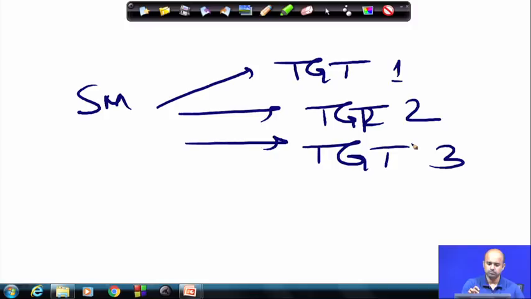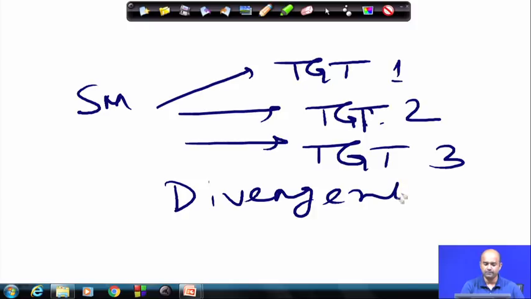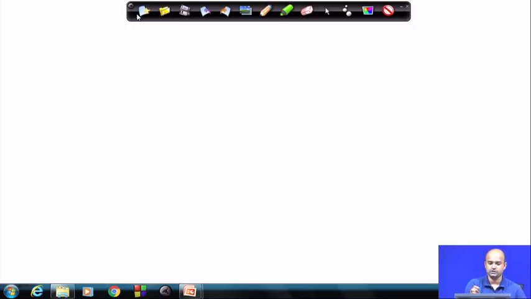So, these things you need to take care of, and this is basically a divergent pathway or triply divergent pathway. This divergence sometimes gives you a very nice demonstration.